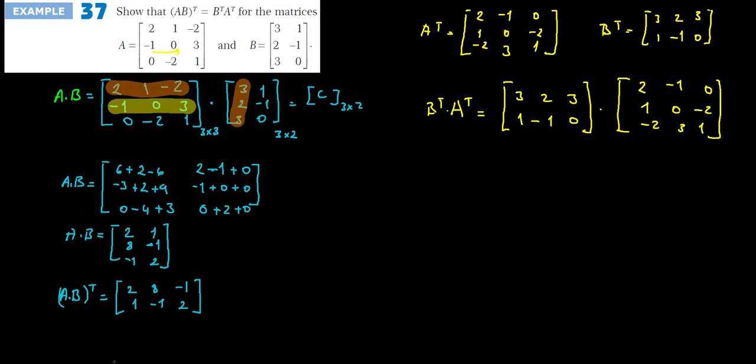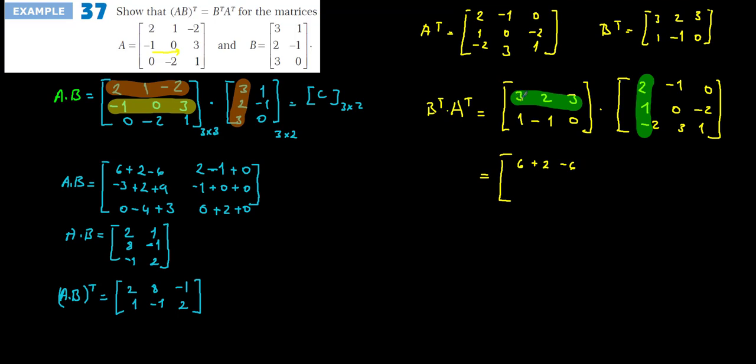If you remember, we are multiplying rows by the columns. I explained this one here, these rows. This is the way here. And let's start to multiply each row by each column. Here, 3 times 2 is equal to 6. 2 times 1 is equal to plus 2. 3 times minus 2 is equal to minus 6.